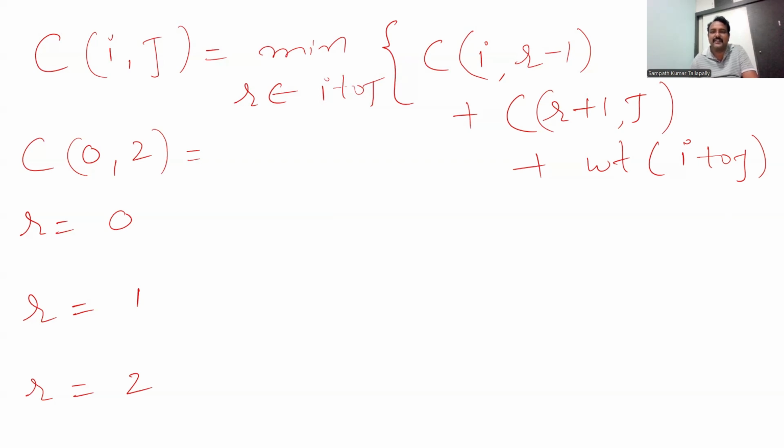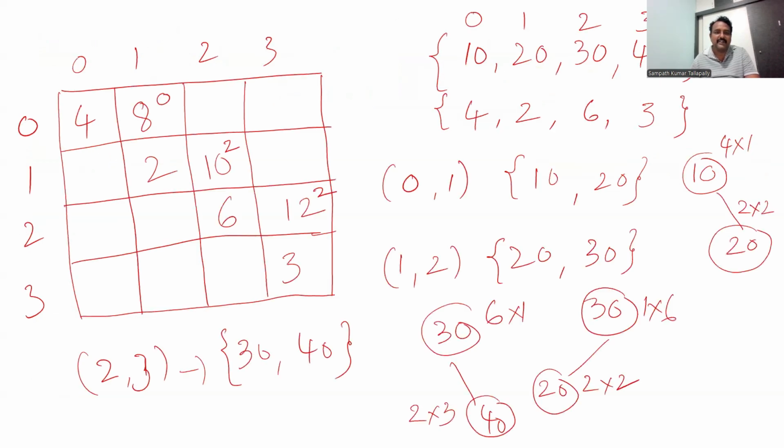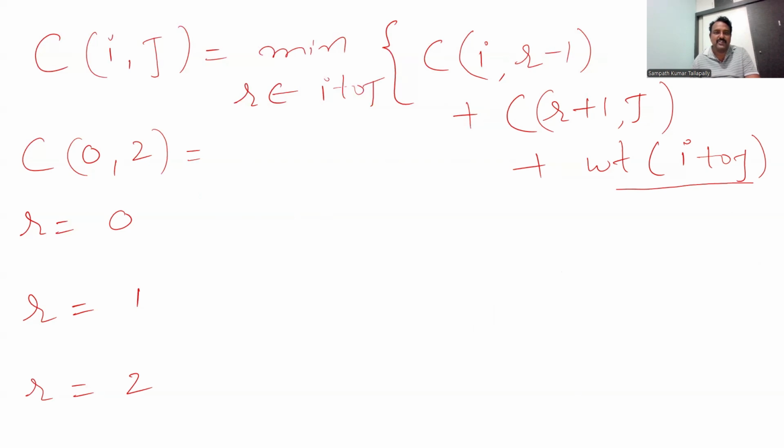First we'll calculate the weight of I to j. I is 0 to j. So we are going to add this frequency, 0, 1, 2. So this is equal to 12. This value is not going to change for this iteration. So we can have this value as my 12. Now when my R is equal to 0, we are going to see. So I is equal to 0.